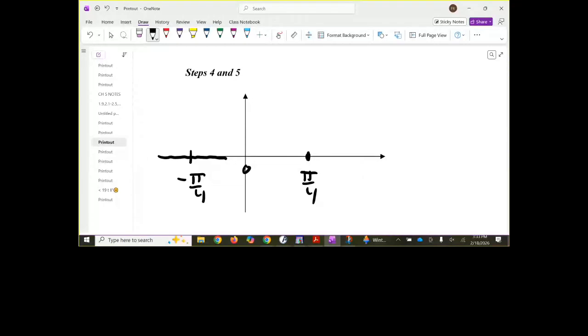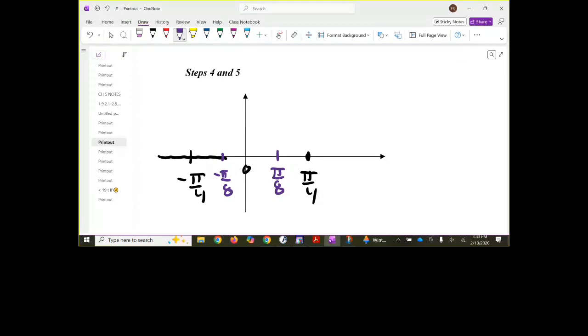Boom, there's that one. Okay, let's see if we can find those two. Think about this again as 1/4. What's half the distance between 0 and 1/4? Or what's half of 1/4? Wouldn't it be pi over 8, right? And then wouldn't this one over here also be pi over 8? Okay. Those are my 5 key points.